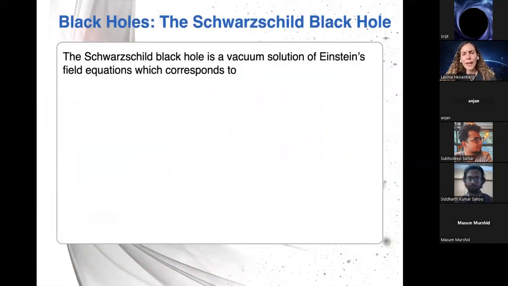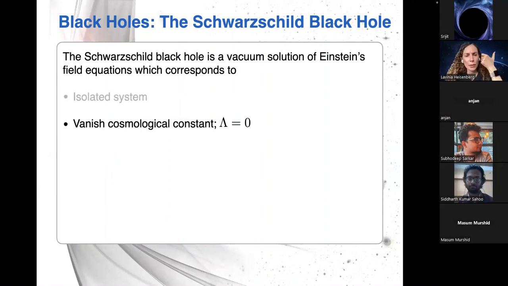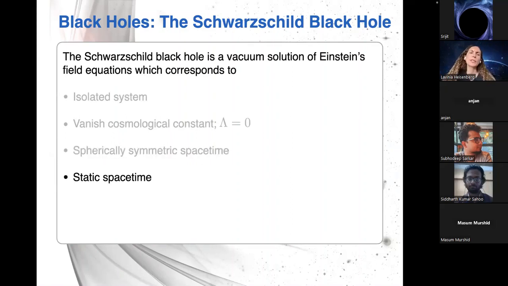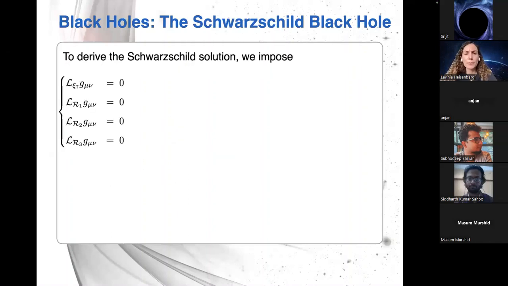More mathematically, the Schwarzschild black hole is a vacuum solution of Einstein's field equations, which satisfy certain criteria: it applies to an isolated system with the cosmological constant being 0 and a spherically symmetric, static space-time. Satisfying these conditions, you can then get the Schwarzschild black hole solution.